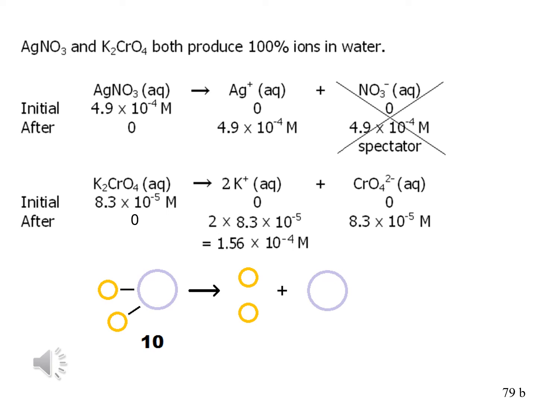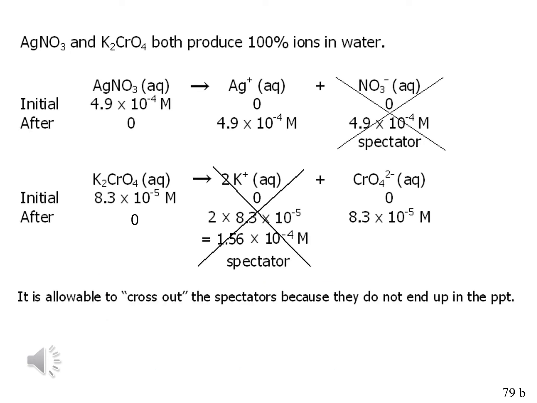If you put 10 of those in solution and let them split apart, you're going to end up with twice as many, or 20 of the gold ones and 10 of the purple one. But since we don't care about the concentration of potassium because it's a spectator, you can use, again, the same concentration of chromate that I gave you for the compound in the problem.